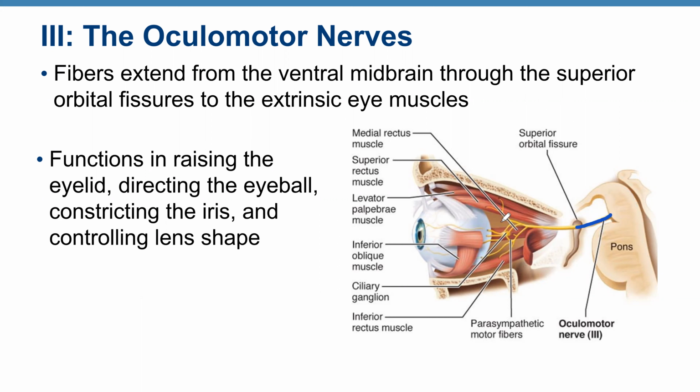It moves towards the eyeball through the superior orbital fissure and innervates muscles that move your eye. Function in raising the eyelid, directing the eyeball, constricting the iris, and controlling lens shape.